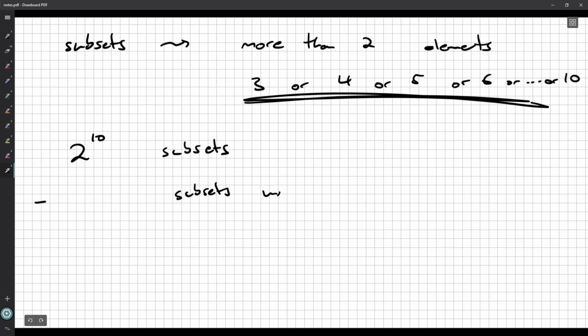Okay, subsets with no elements. How many ways are there to pick a subset out of all those possible subsets that have no elements? Well, there's only one subset with no element, our beloved empty set. Okay. How about subsets with exactly 1 element?